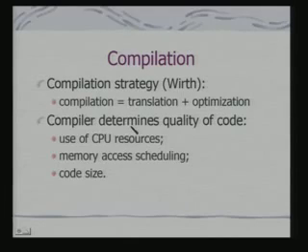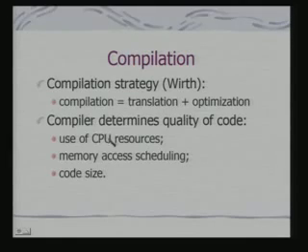In fact, the compiler determines the quality of code, optimal usage of CPU resources, memory access scheduling, as well as that of code size. You can understand that all these parameters are determinant for various functional features of the system.